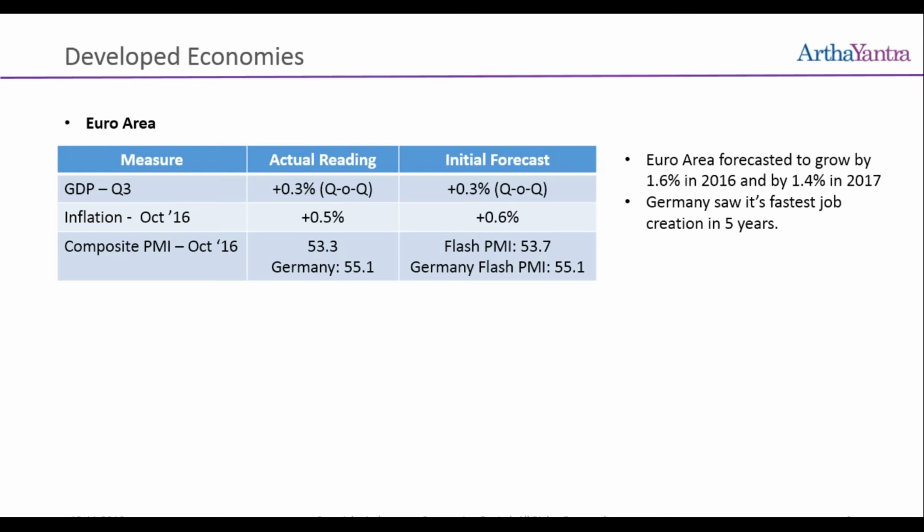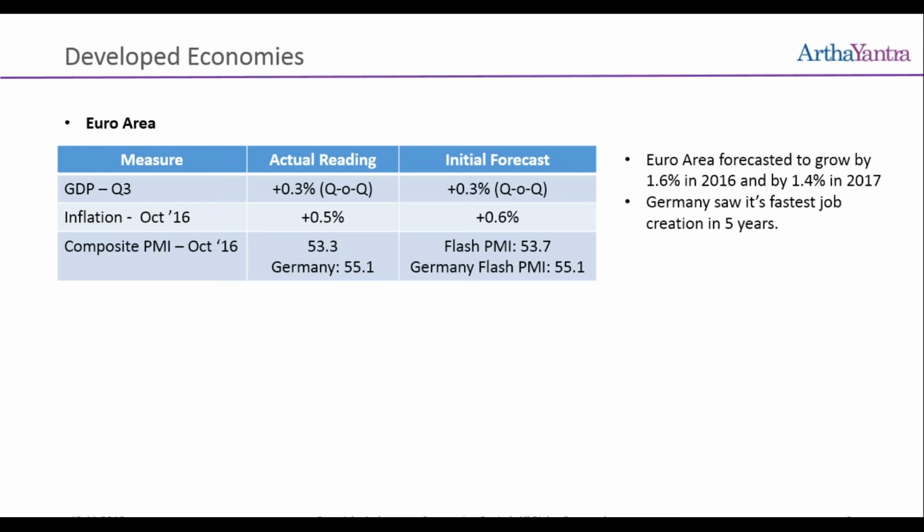Now, the euro area is forecasted to grow by about 1.6% through 2016. And there is quite a lot of strong underlying macro supporting this. For example, in the month of October, Germany recorded new businesses, and the new businesses were at a 6-month high. And also in October, there was the steepest accumulation of backlogs.